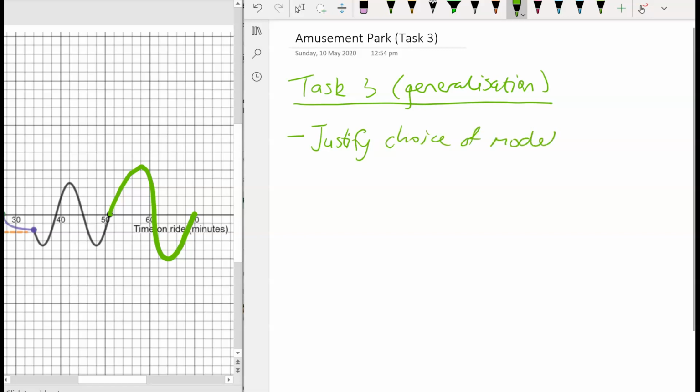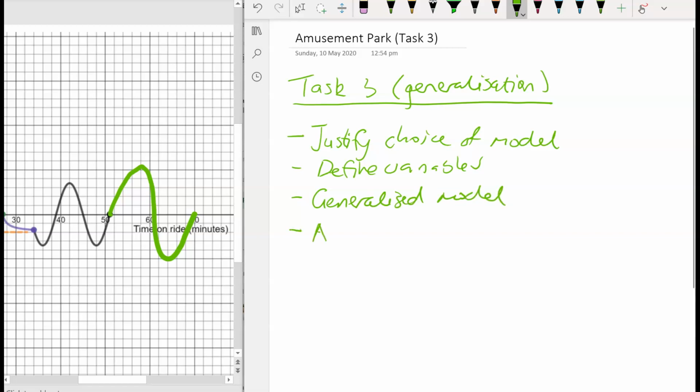So this is our to-do list, so to speak, for this section. We did need to define the variables. We did need to create a generalization or generalized model. That was the important part.